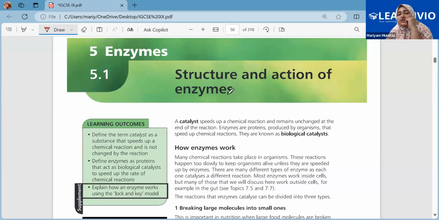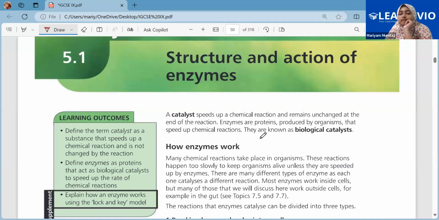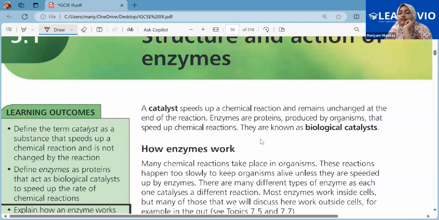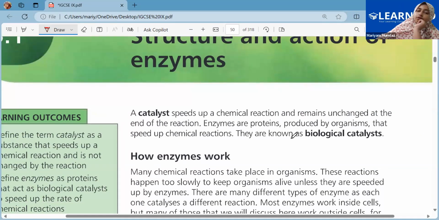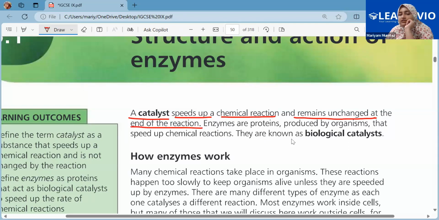action of enzymes. Now you might remember in the previous class, I did tell you that enzymes are responsible for increasing the rate of the reaction. Do you remember that? I told this to you in the previous class. A catalyst speeds up a chemical reaction and remains unchanged at the end of the reaction.